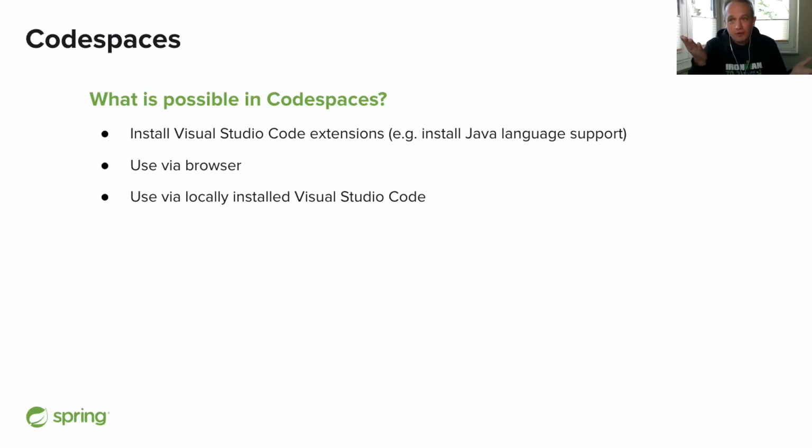For example, of course, the Spring Boot tools that we built for Visual Studio Code, the Java language support, all the other things. And you will be able to do all this in the online hosted version as well. So it really feels like a regular Visual Studio Code environment with the additional benefit of using cloud resources to run all that. And you can access that via a browser.